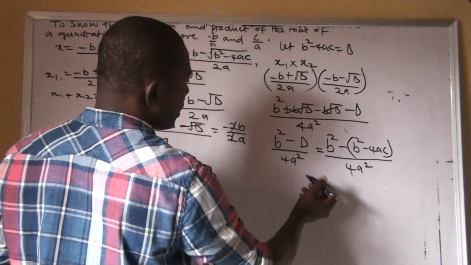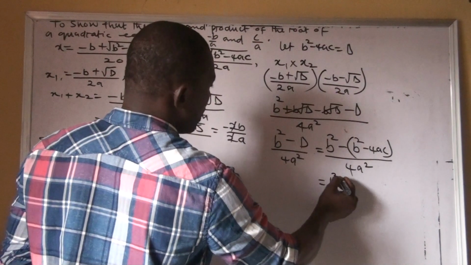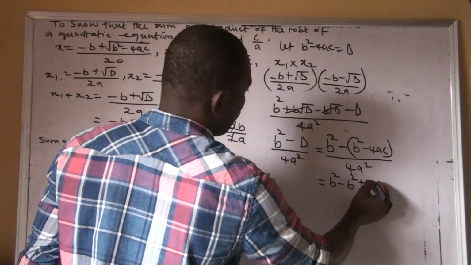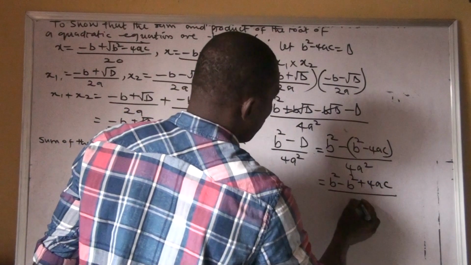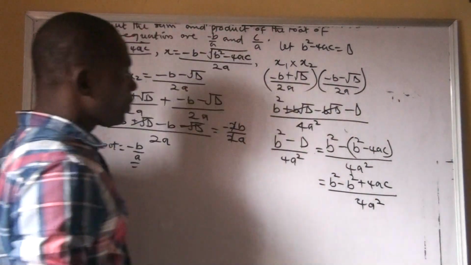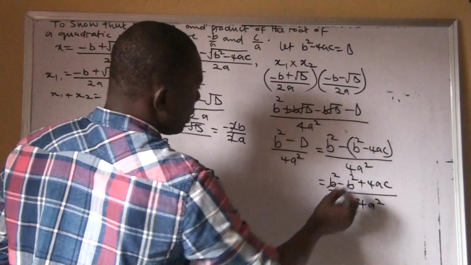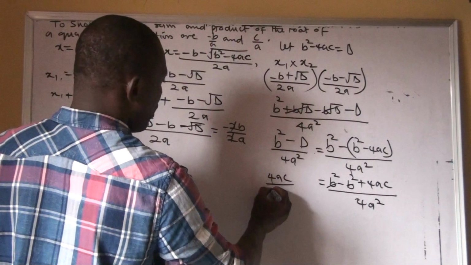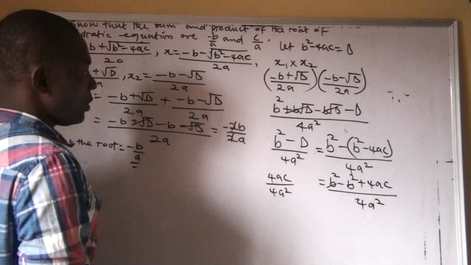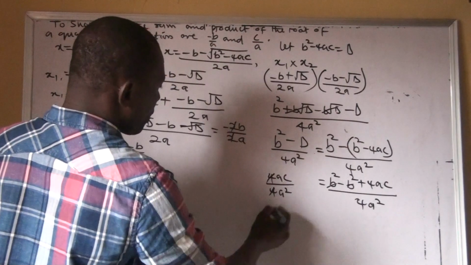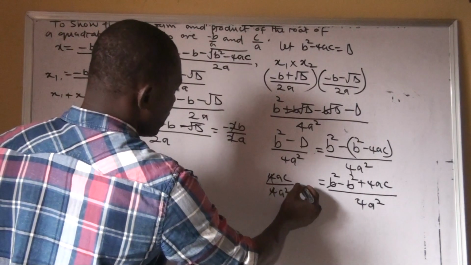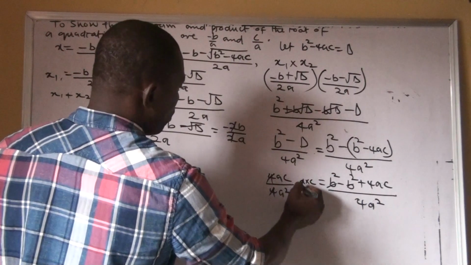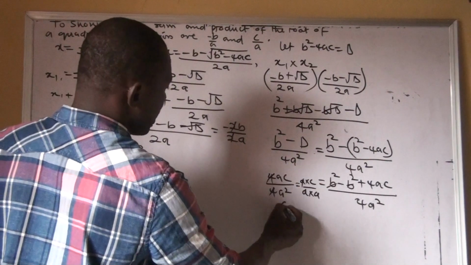So minus times plus b squared gives minus b squared, and minus times minus becomes plus 4ac, everything over 4a squared. Here b squared and minus b squared cancel off, and we'll be left with 4ac all over 4a squared. So here 4 will go with 4, and we'll be left with a times c all over a times a. One a goes with one a, and our final answer is c over a.